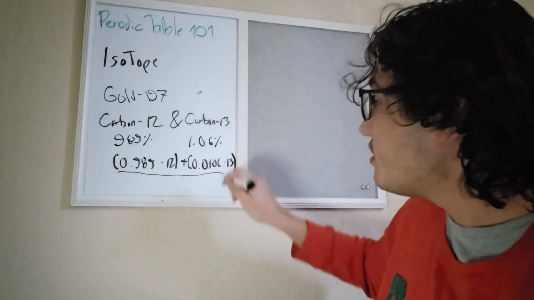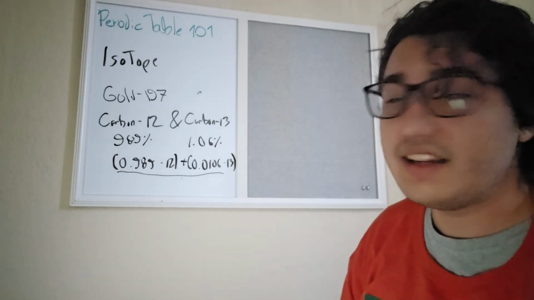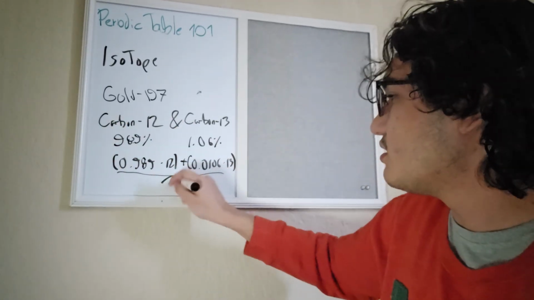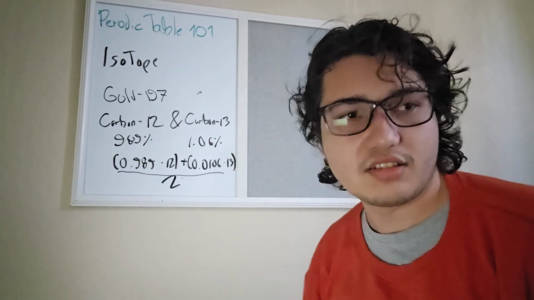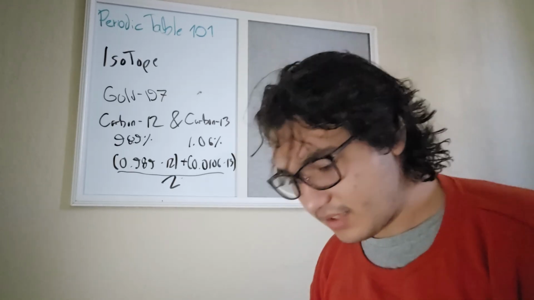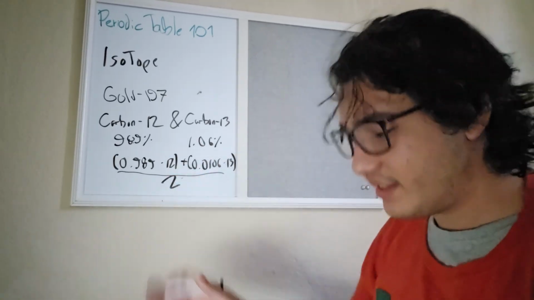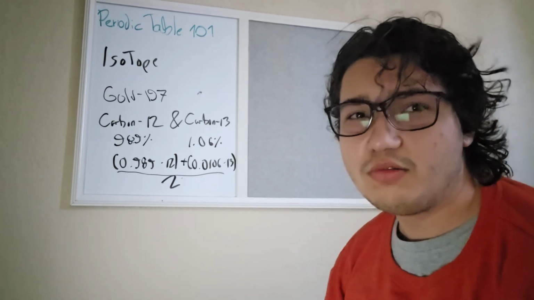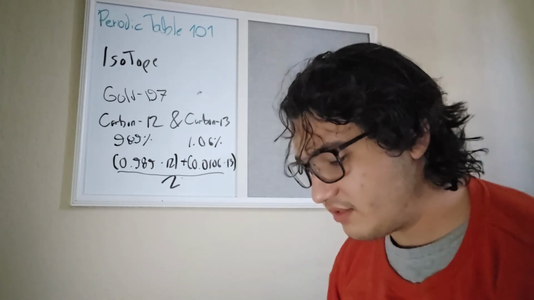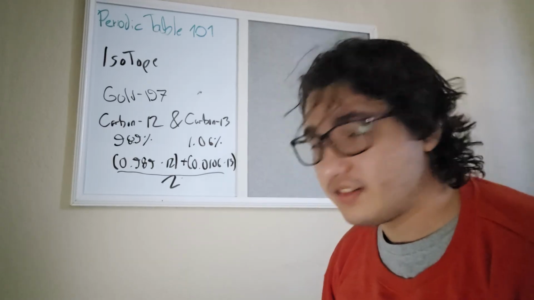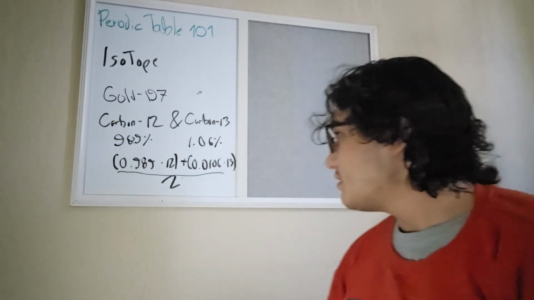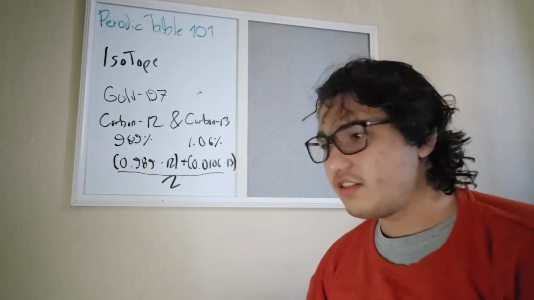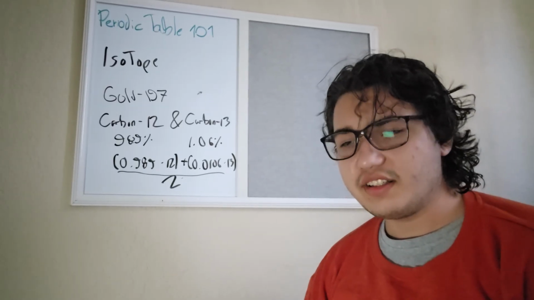And that over the amount of isotopes found in nature, which in this case are just 2. We can ignore the others, don't worry too much about it. And if we do this math, you're going to get around 12.01, which is the atomic weight that you find on the periodic table. So that's the type of equation that you are going to end up doing.